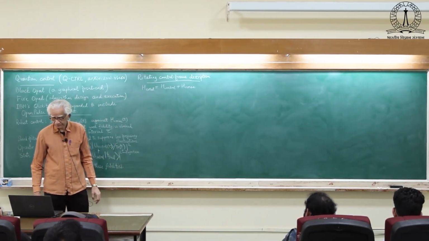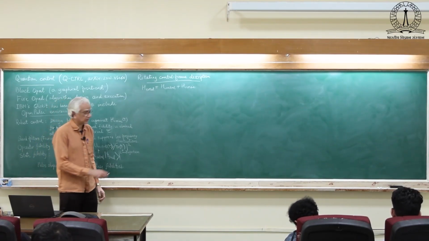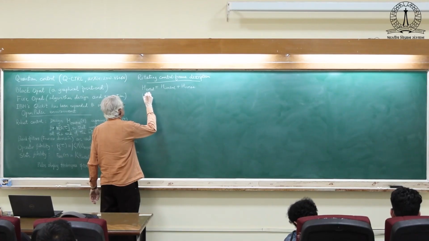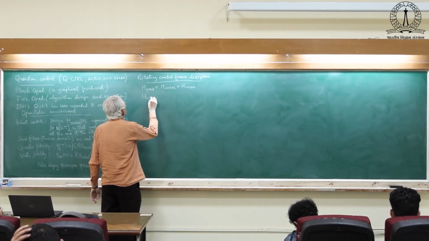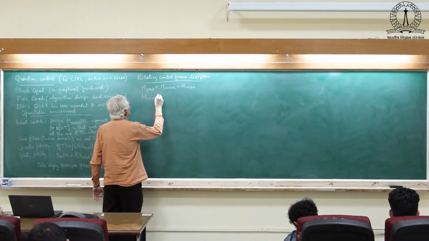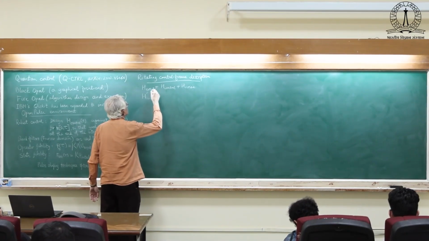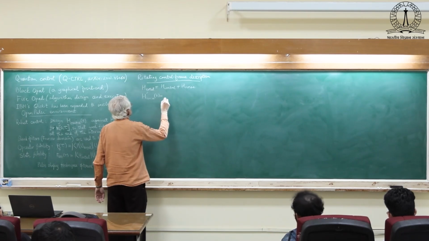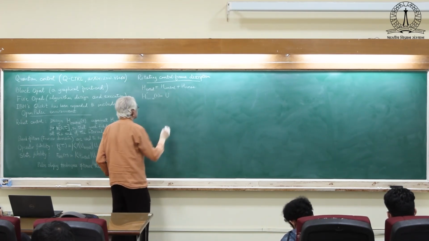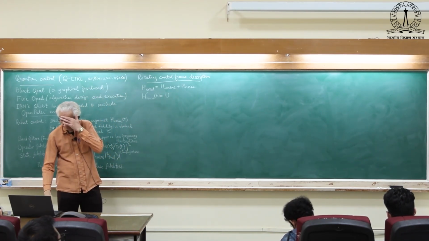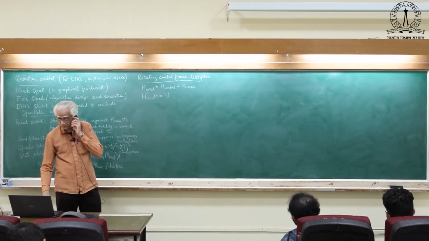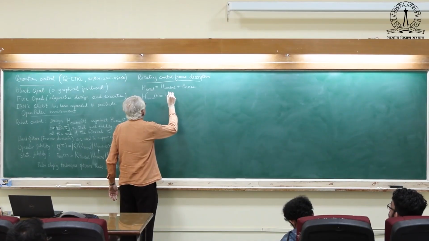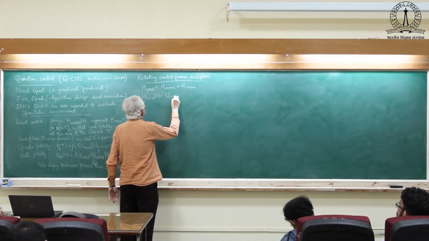So it's obtained by, I'll denote it by prime. You go to the rotating frame, and these are all functions of time. So U is an exponential of all these things.